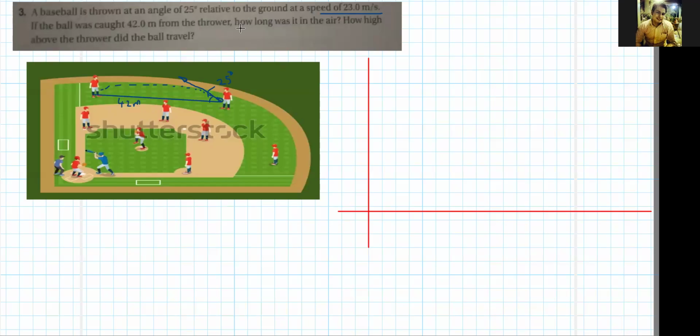If the question is how long, it's asking for a time, an interval of time. And the second question is how high, so the exercise is asking for a vertical displacement. In this case, it is the maximum vertical displacement.